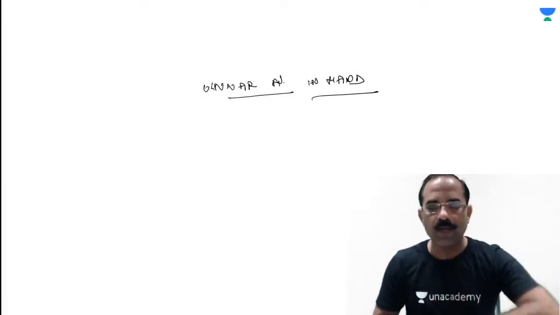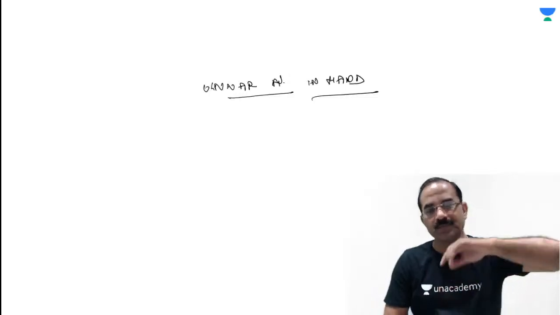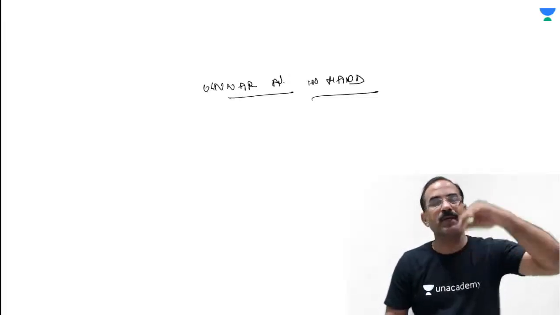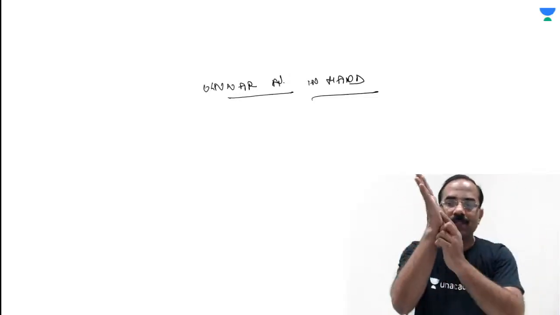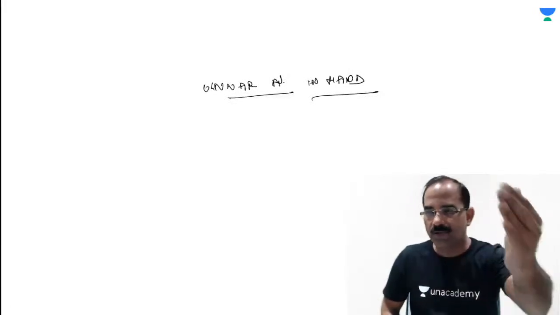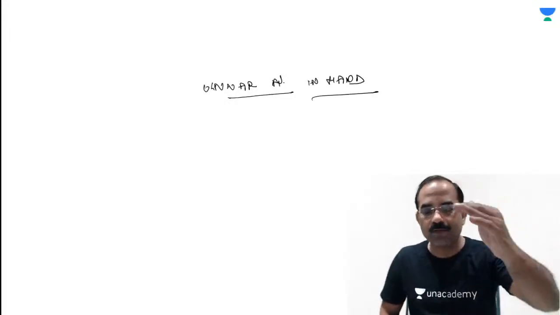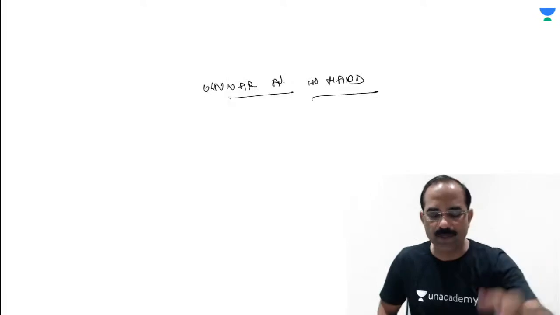It passes below the volar carpal ligament and enters the hand. The moment it enters the hand, it divides into 2 branches, a superficial branch and a deep branch.